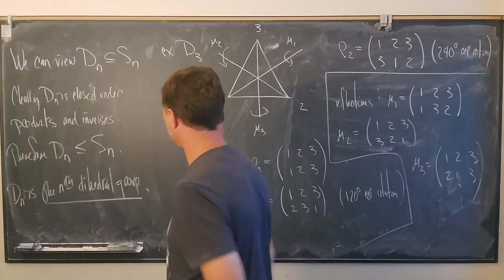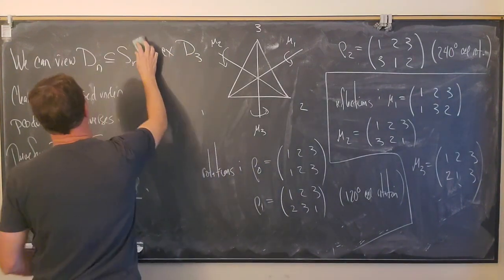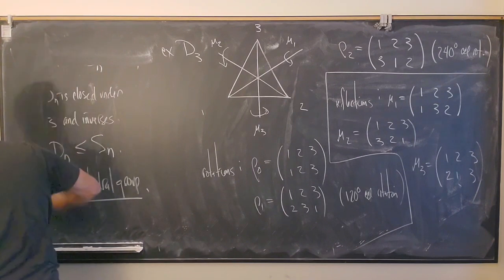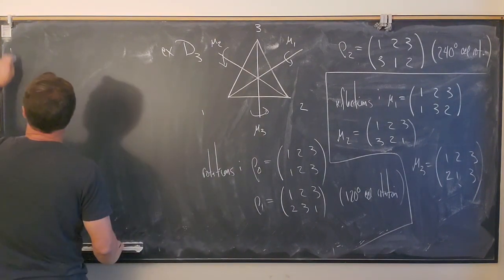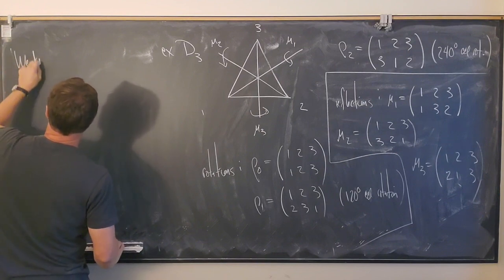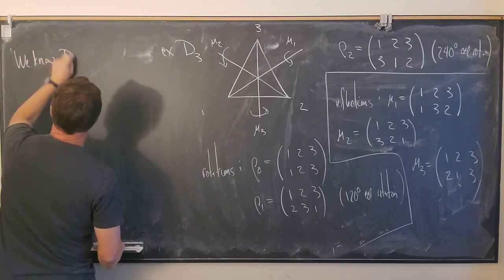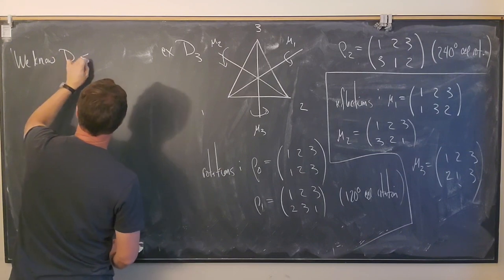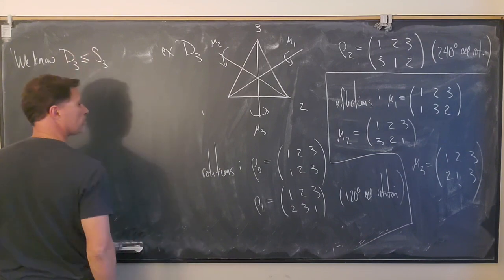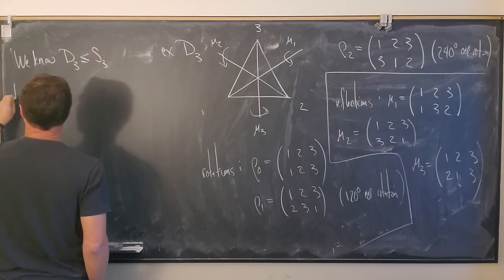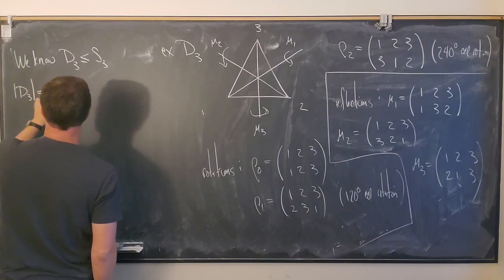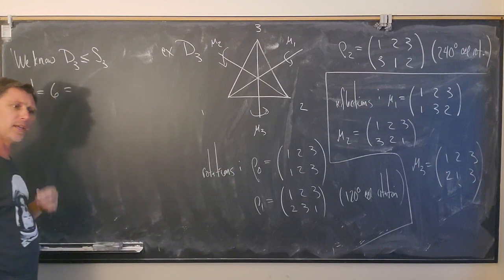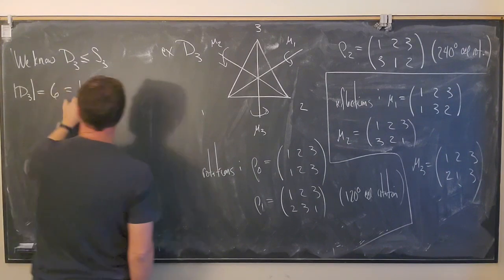Now, here's one interesting thing. We know that D_3 is a subgroup of S_3. The order of D_3 is 2 times 3, which is 6. The order of S_3 is 3 factorial, which is also 6.